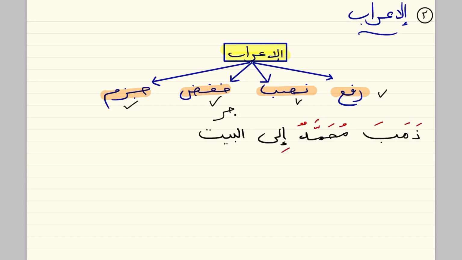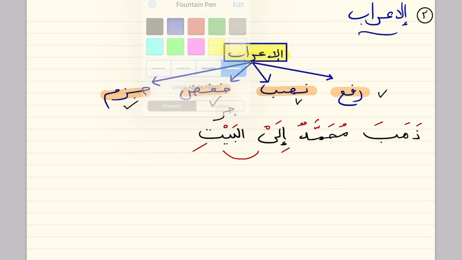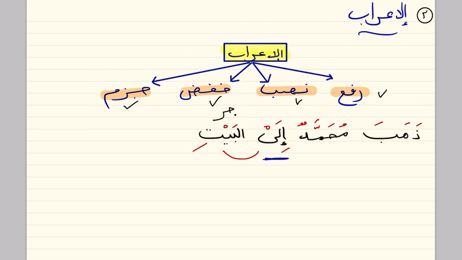إلى is a حرف, so it is مبني, it is fixed. إلى البيت ends with the كسرة. Why? Because of the عوامل الداخلة. The إلى here is an amil.